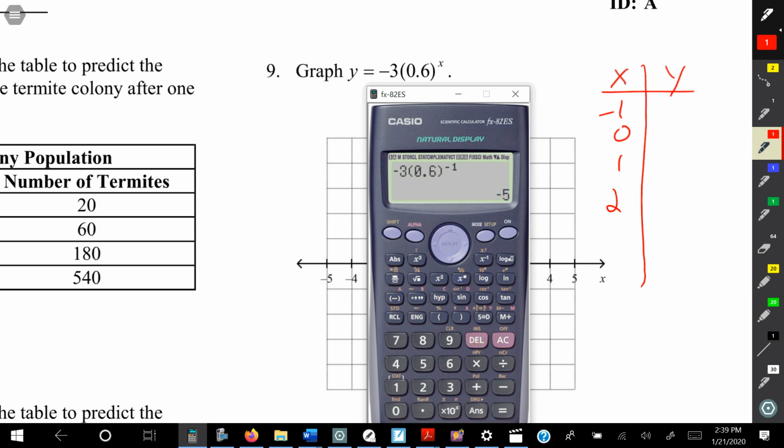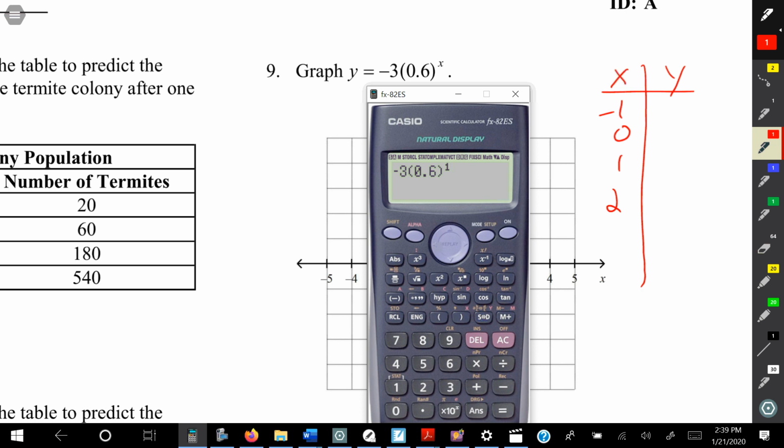And that's going to give me -5. And then if I go back, get rid of the -1, and put in 0, that's going to get me -3. And if I go back, get rid of the 0, and plug in 1, that's going to get me -9/5, which is, let's see if this comes out right. Nope, it's 1.8.